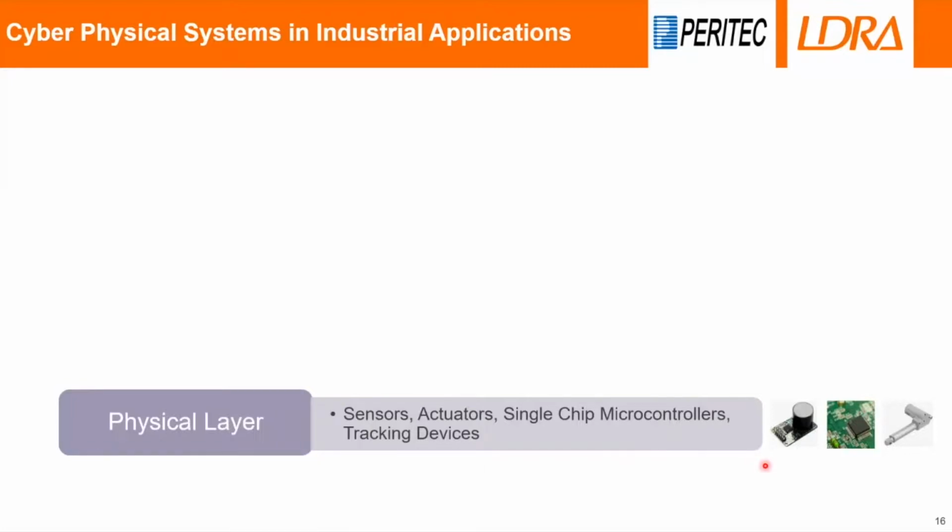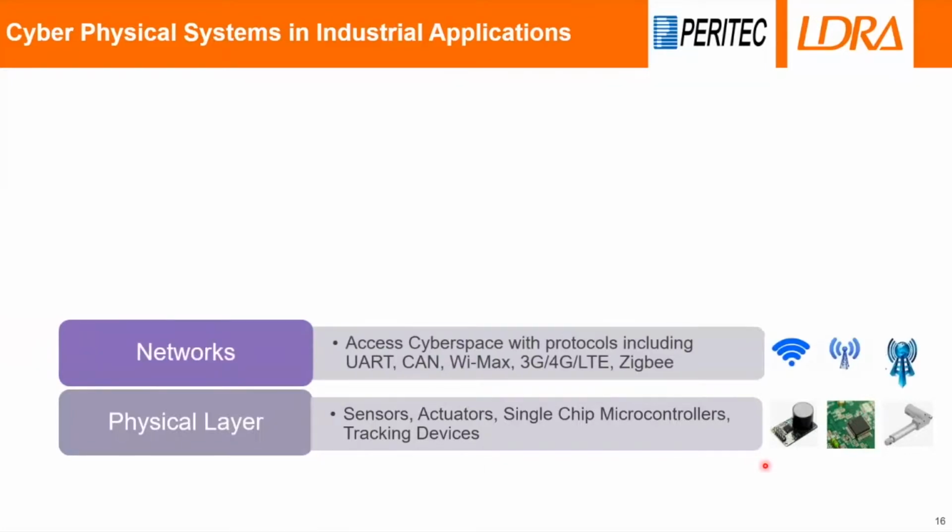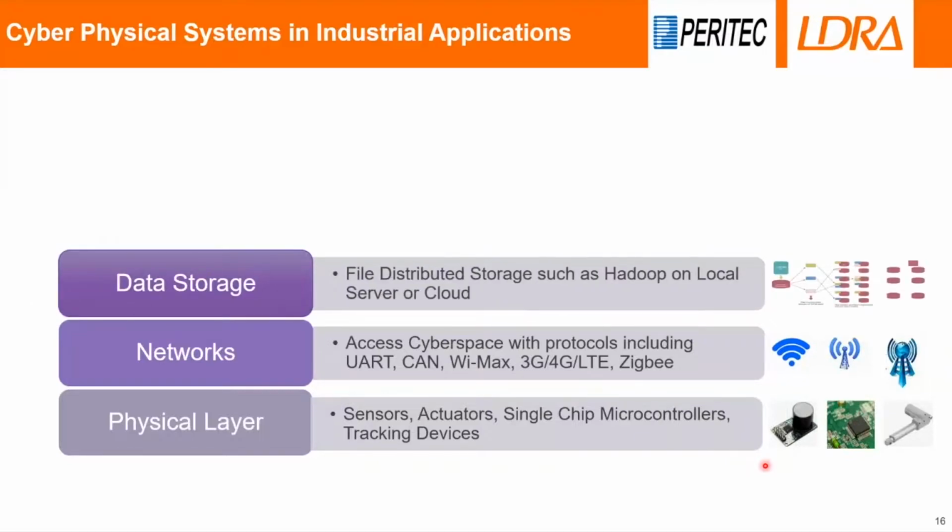So these are called endpoint devices, and these endpoint devices will be collecting the data, and sometimes they may do one level of processing using the microcontrollers along with the endpoint devices, and pass this data to the networks. The network consists of different protocols, and from the network layer it will be passed to the data storage.